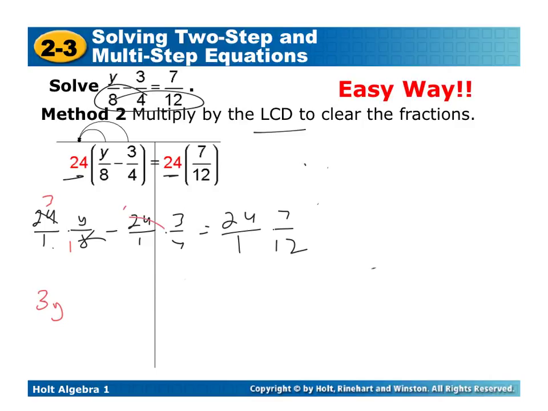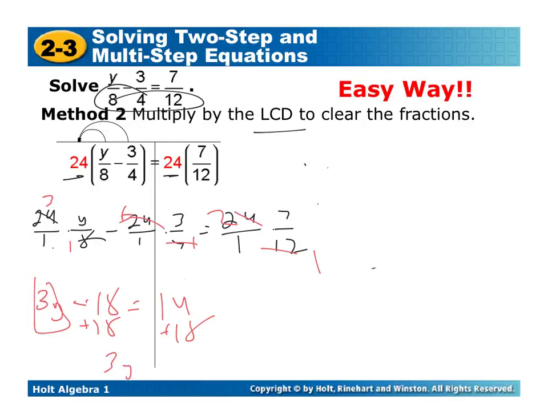24 and 4, this would be 6. This is going to be 1. 6 times 3 is 18. So this becomes minus 18. And now here, this would be 2 and 1. 2 times 7 is 14. So first thing we're going to do is add the opposite. So we're going to add 18.